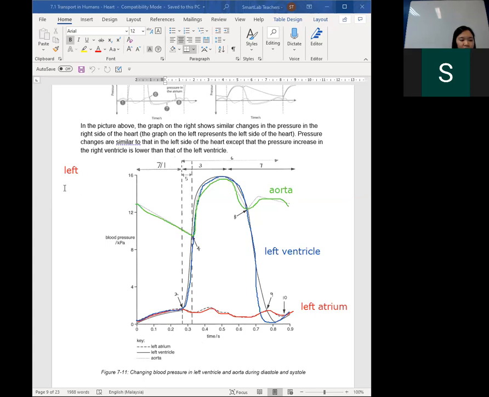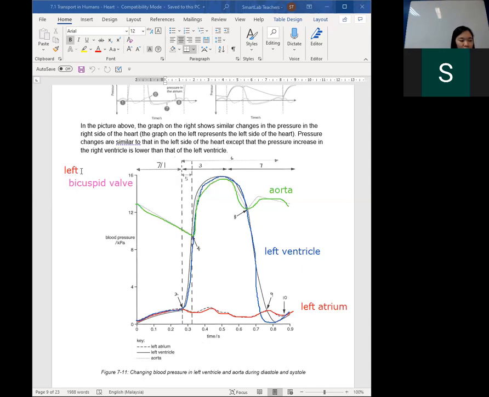Sorry, give me a moment. The tricuspid valve and the bicuspid valve. Is the bicuspid valve found on the left side or the right side? It is the bicuspid valve, because the tricuspid is the right side.